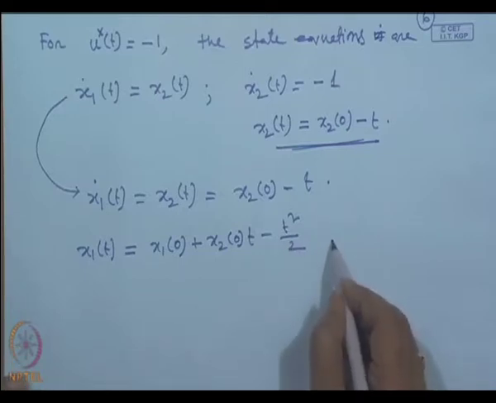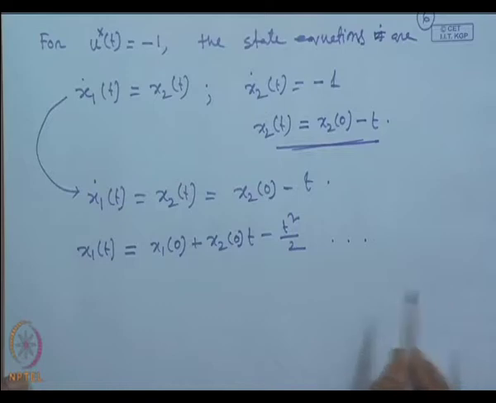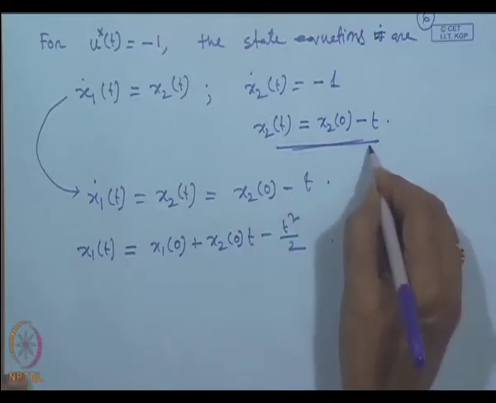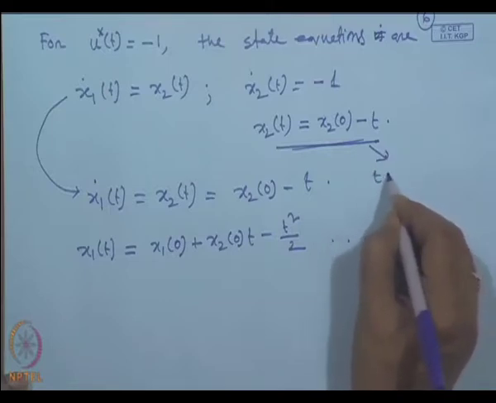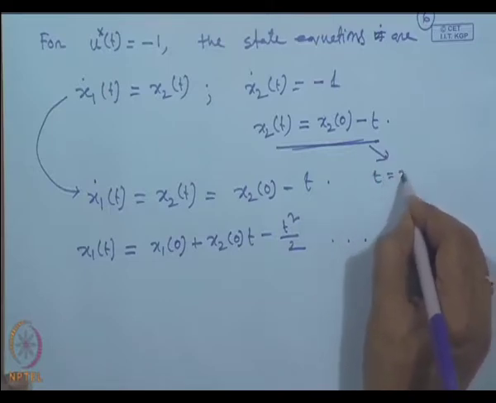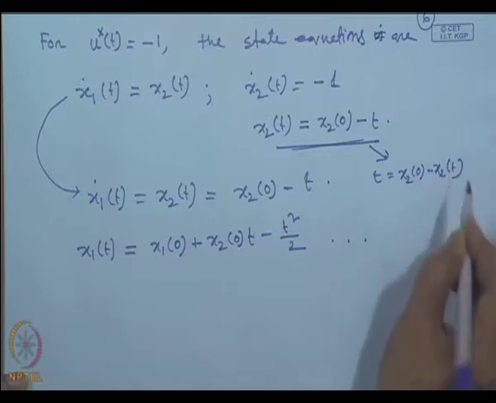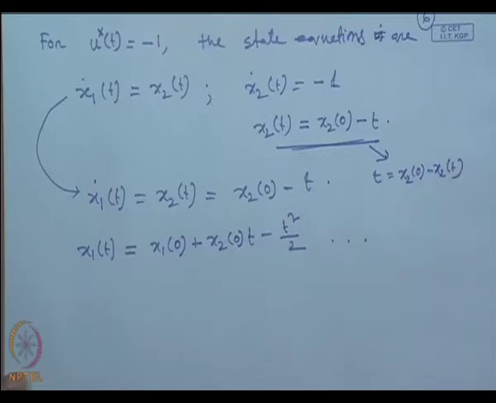Now, put the value of t. What is the expression for t? t is equal to x2 of 0 minus x2 of t.